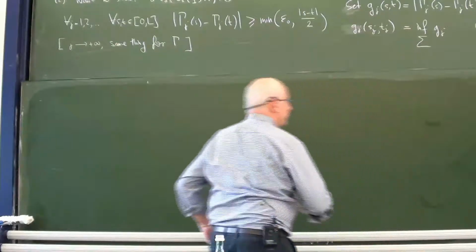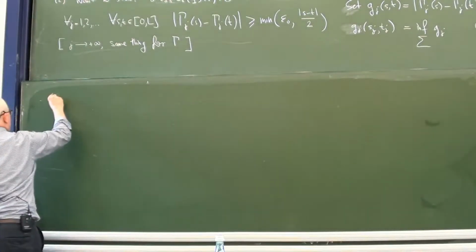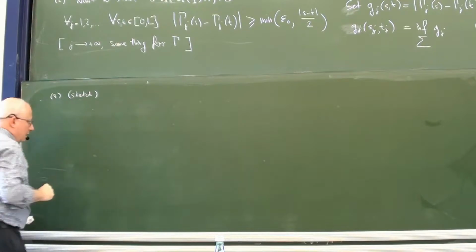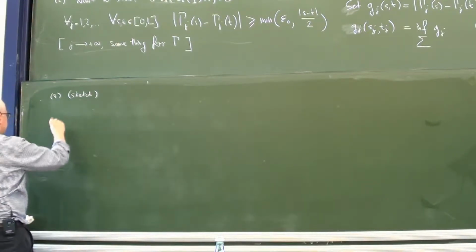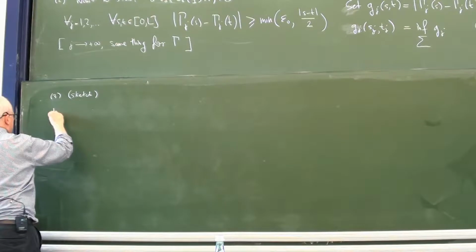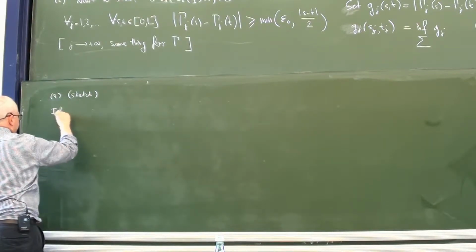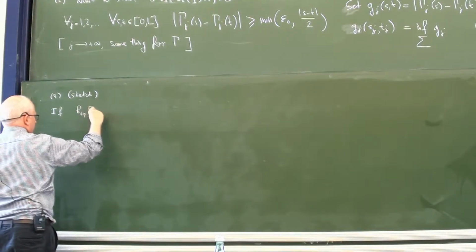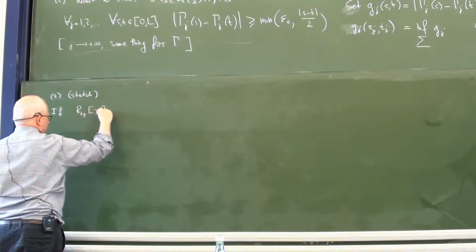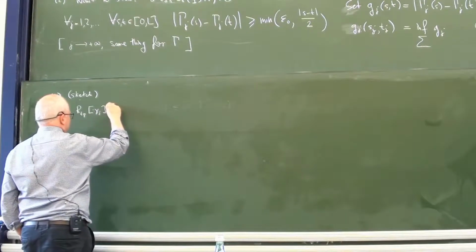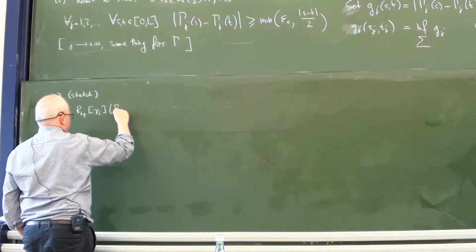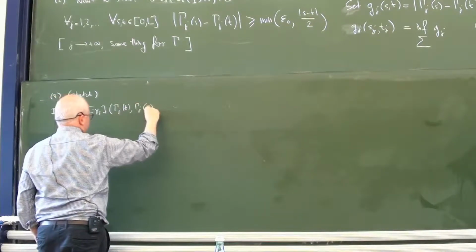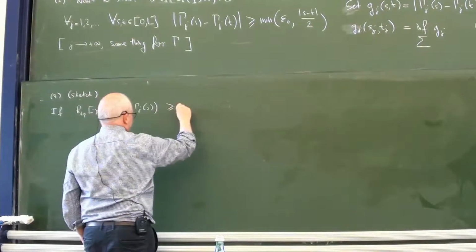And to do this, I just want to sketch it. So if, say, RTP, let me write that, for the curve gamma j, at gamma j of t, gamma j of s is bigger than some positive delta.